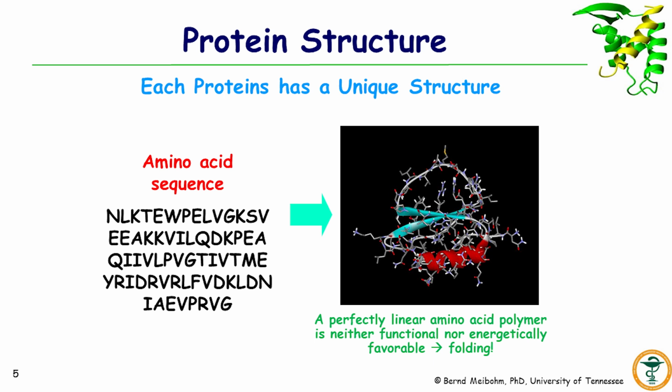A perfectly linear amino acid polymer is neither functionally nor energetically favorable. In the aqueous environment in the body, you basically get folding based on the interaction between hydrophilic and hydrophobic moieties in the amino acid sequence, and by that you get a defined three-dimensional structure.